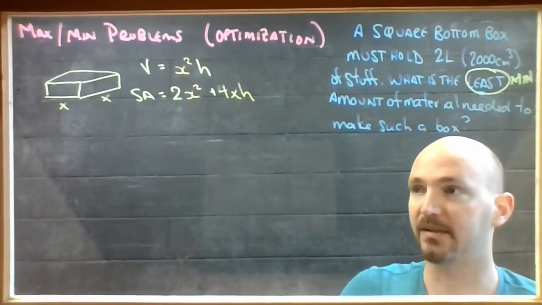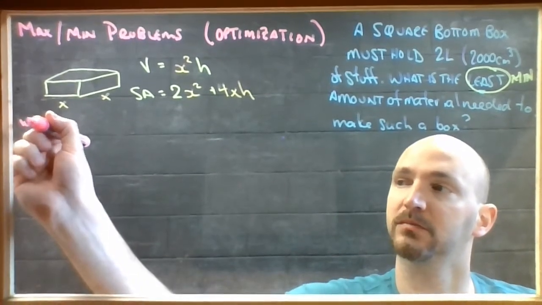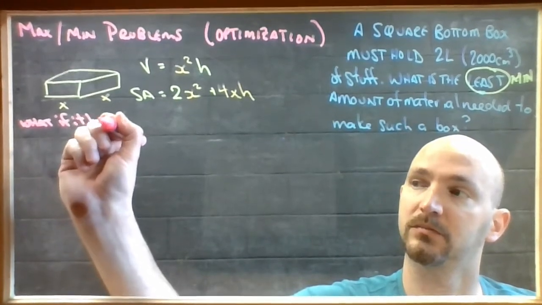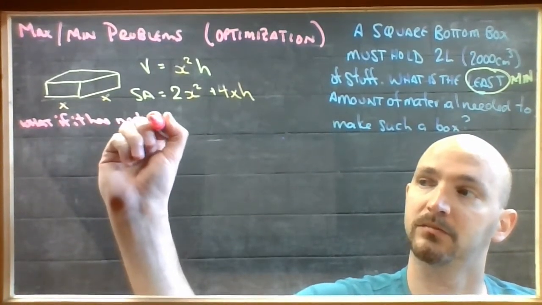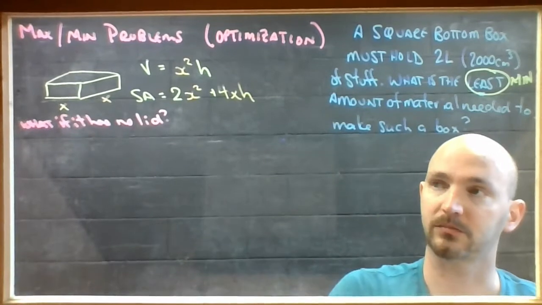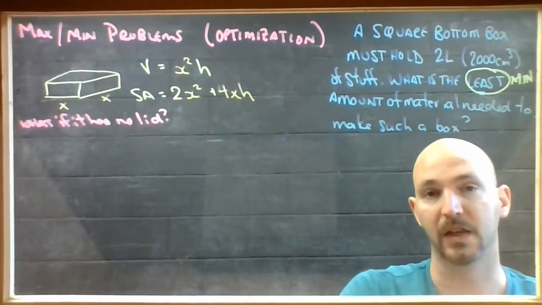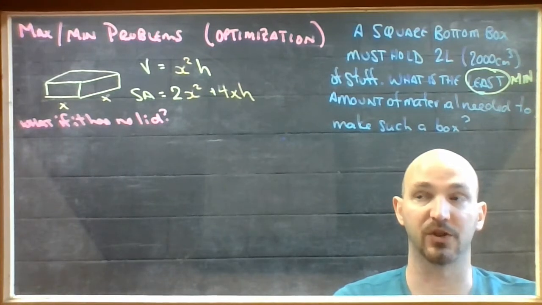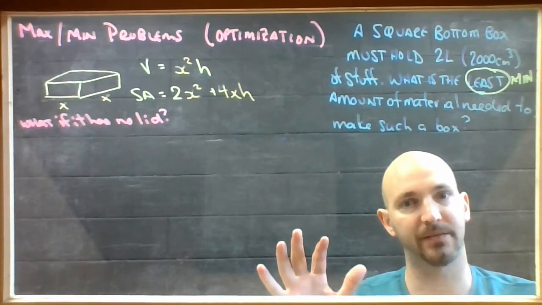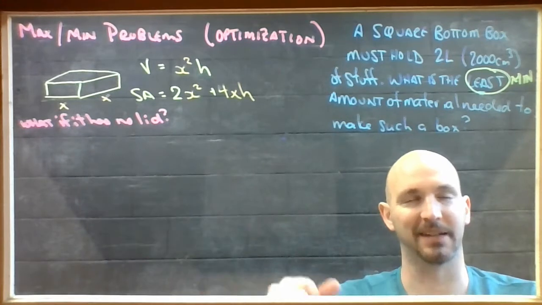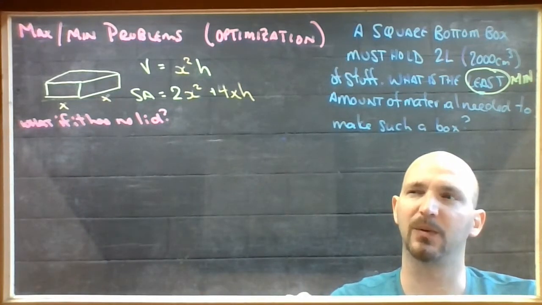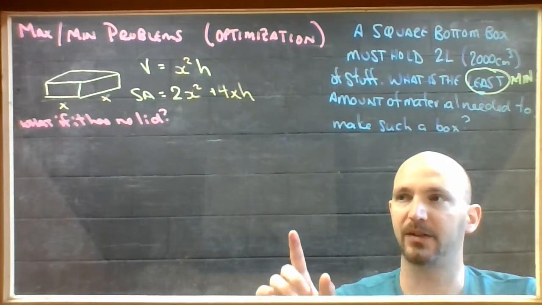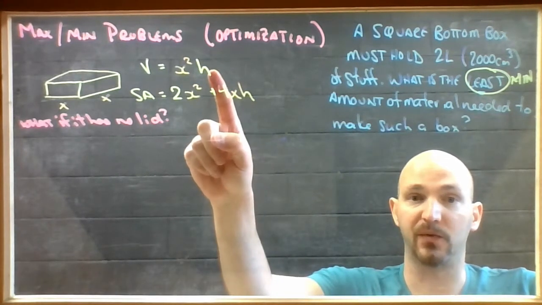So what if it has no lid? The art of this is taking your basic functions for the shape involved and modifying them to meet whatever wonky conditions get put on it. In this one, if I take the lid off, I'm not changing the amount of volume involved.